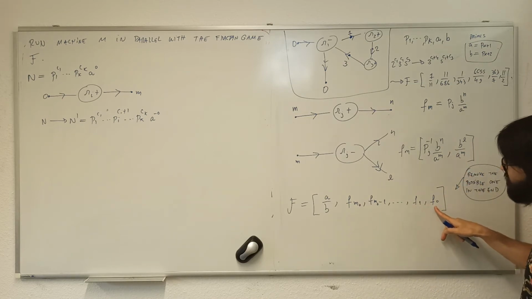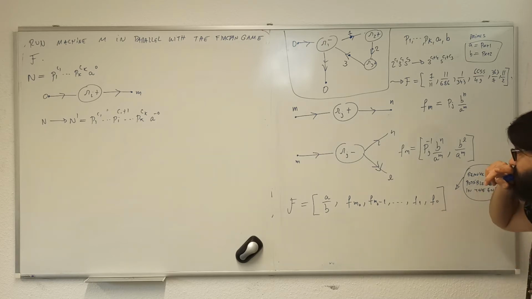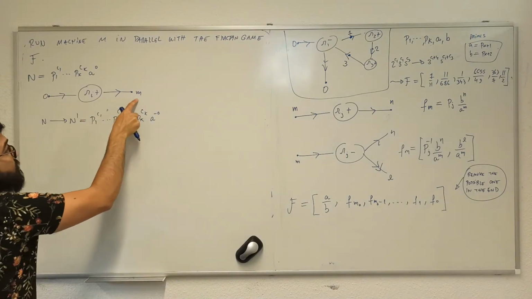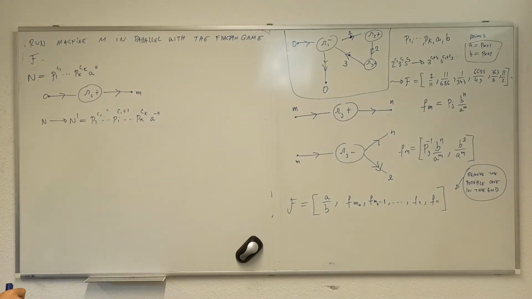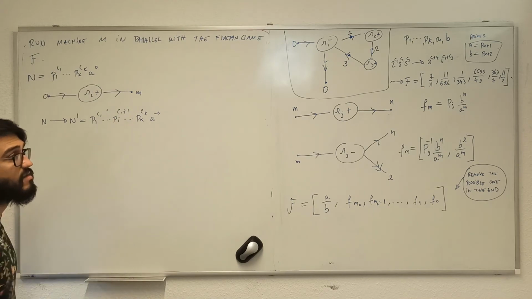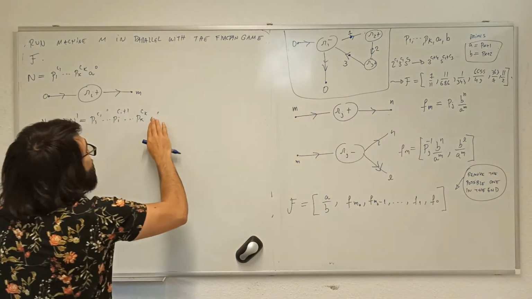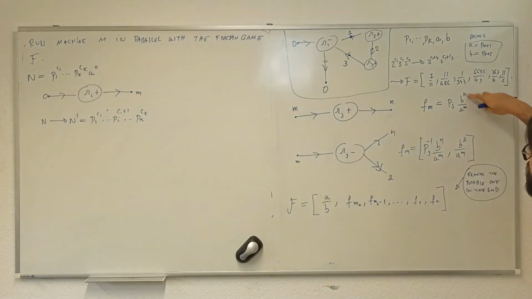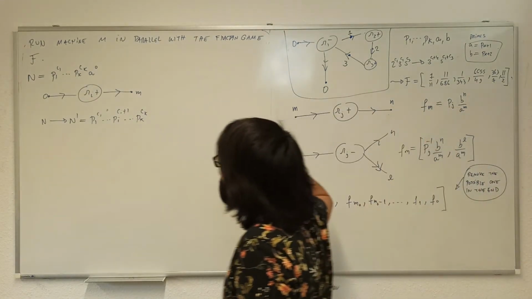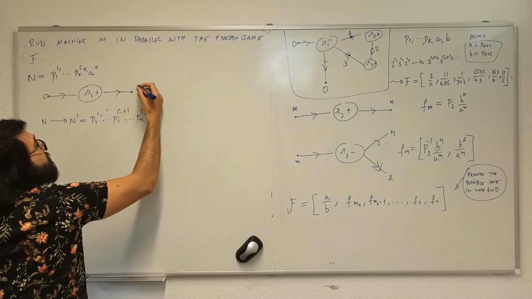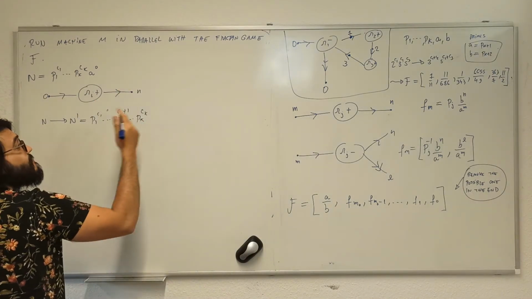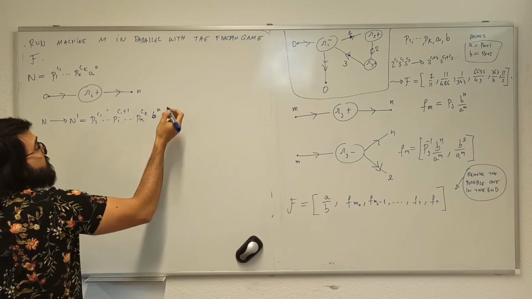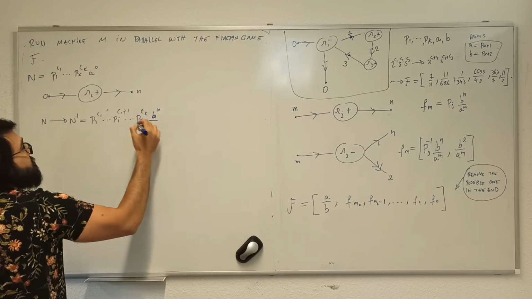I have to use f naught, and f naught is exactly the fraction related with this operation. So f naught will multiply by b to the n divided by a to the 0, so nothing happens.